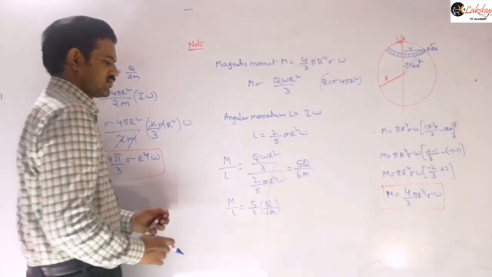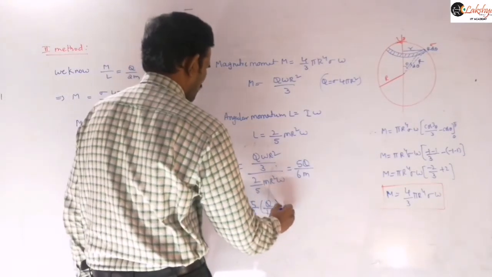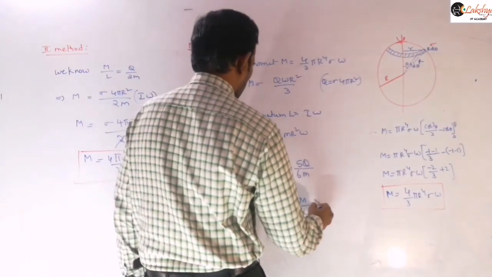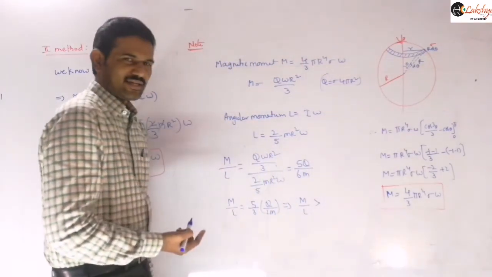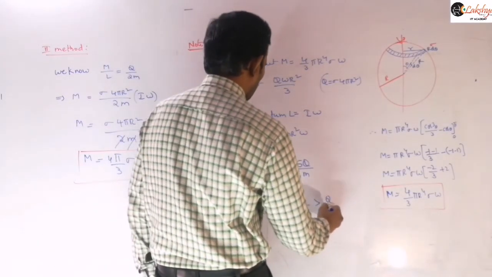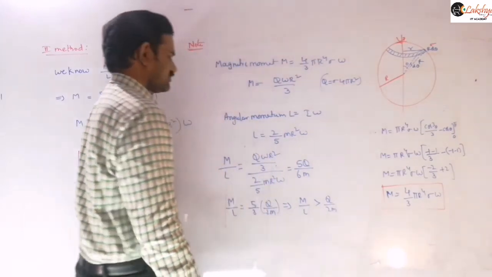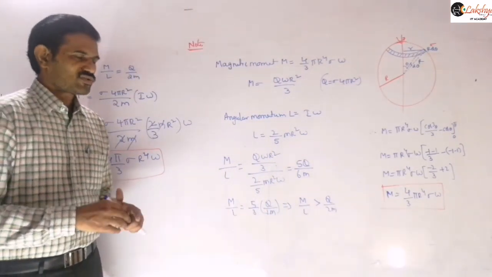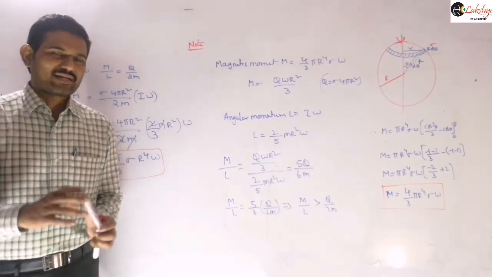M by L is 5 by 3, which means you will get greater than 1. So it will be greater than this Q by 2m you will get here, right? So that is the case in a solid conducting sphere.